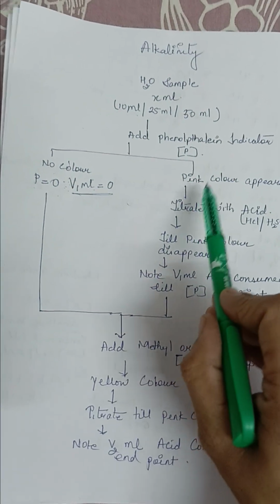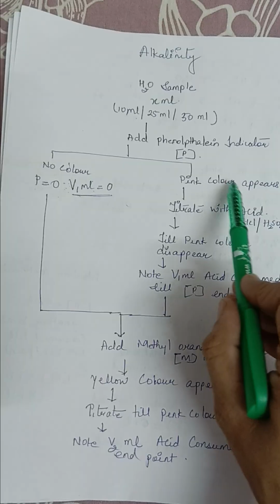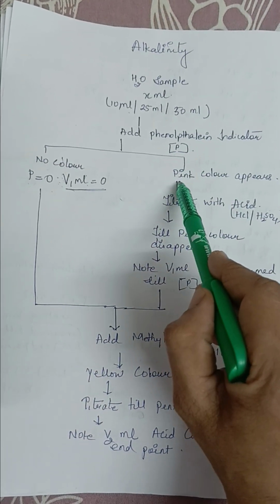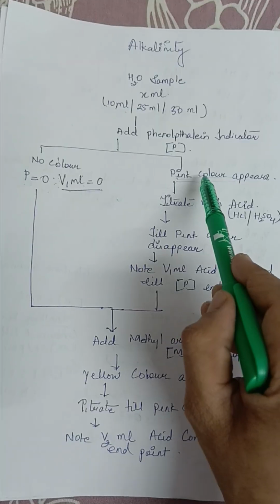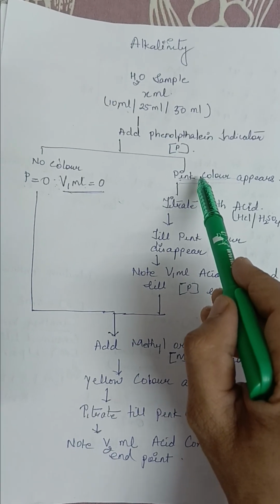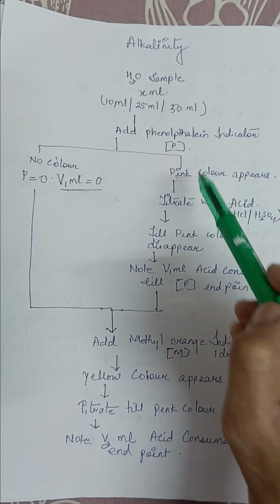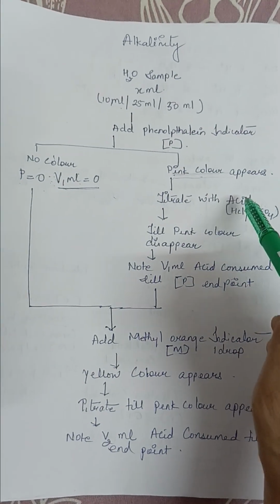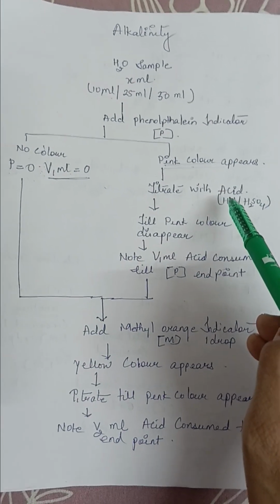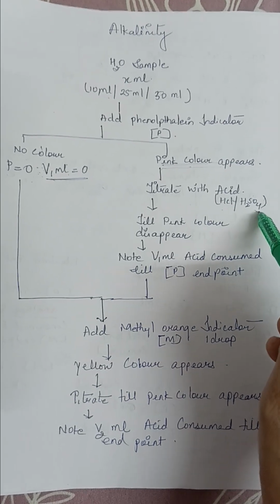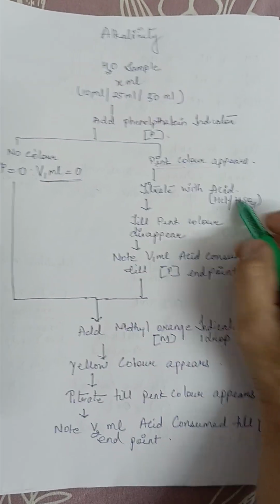Now the second condition is that after addition of the phenolphthalein indicator we get pink color. So we have to neutralize this sample water with acid. In the laboratory, either acid can be given, HCl or H2SO4 of a particular strength.